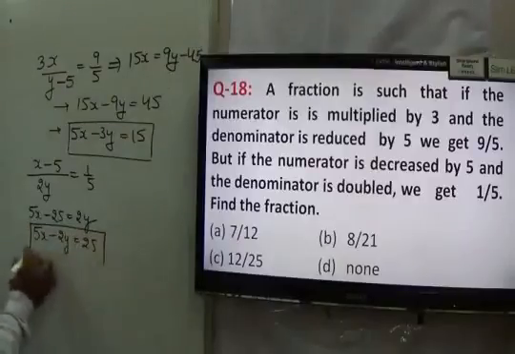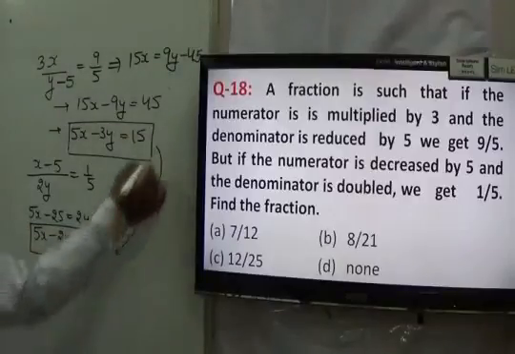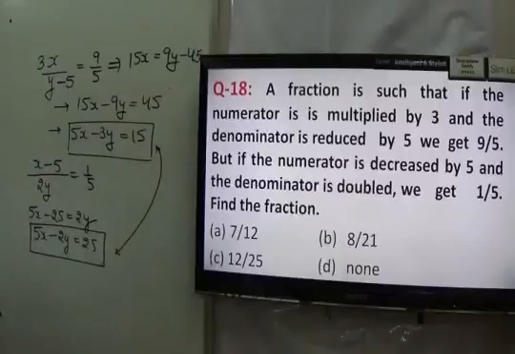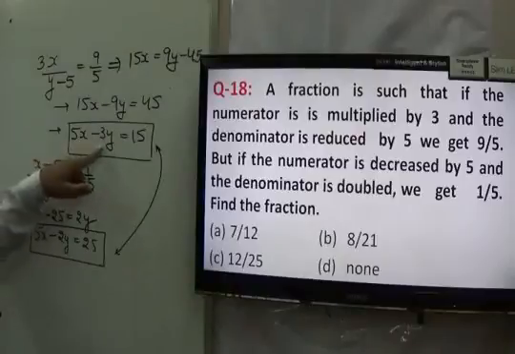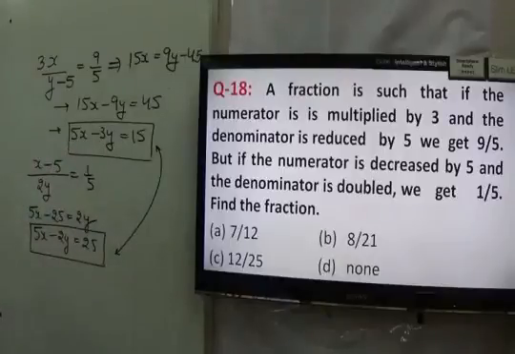Now here we have two equations and we have to find the values of x and y. Here you may try with the options. Suppose if I say 7 and 12, 35 minus 36, no answer is there. If I say 8 and 21, 40 and 63, no answer is there. If I say 12 and 25, but if I put 12, that is 60 and 25. So we have to just solve it for x and y.